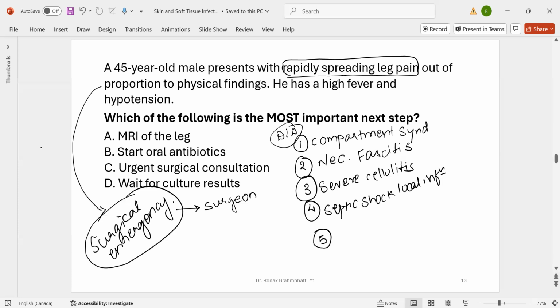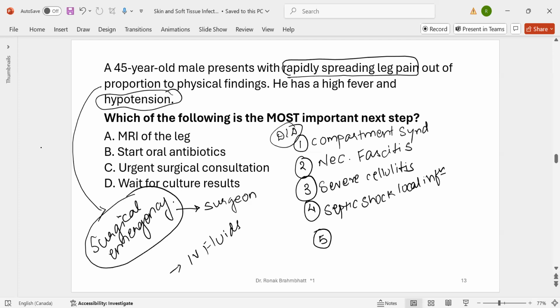Why? Because the surgeon is the only one who can fix the problem part, right? Now, if over here they had given IV fluids and stuff like that, then that would be our answer because the patient is hypotensive.